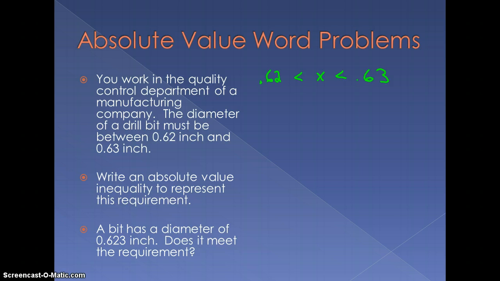The very first thing we need to do is find the midway point between 0.62 and 0.63. This will be a problem-solving strategy for these: find the halfway point. In this case, that is 0.625.